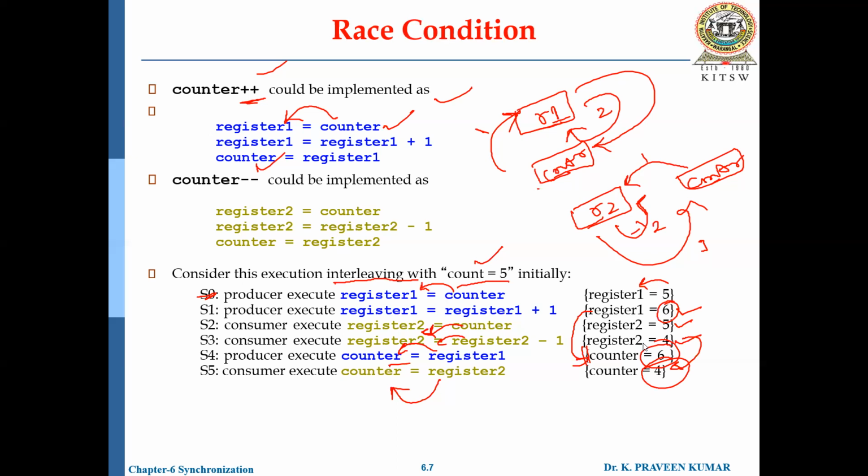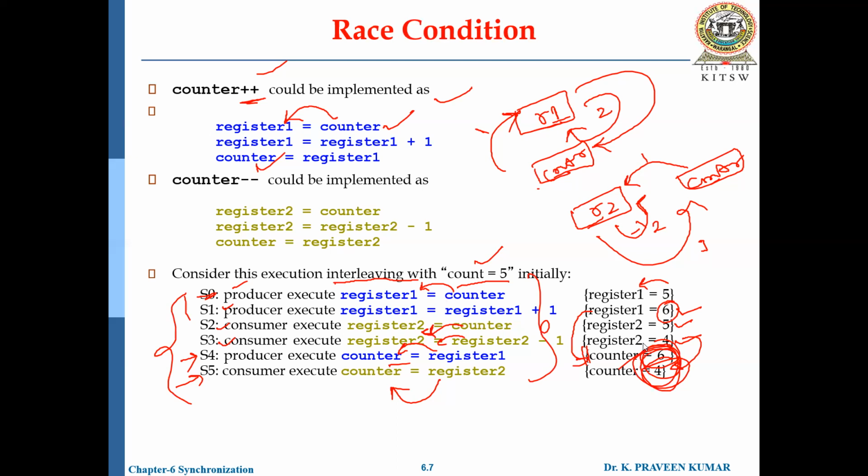But when you are doing such executions, see here, S0 is producer, then consumer and consumer, then again you are giving a chance to the producer, then the consumer process. So when you are giving simultaneous producer and consumer chances, that leads to the race condition problem. That is, you are not having the counter value perfect.